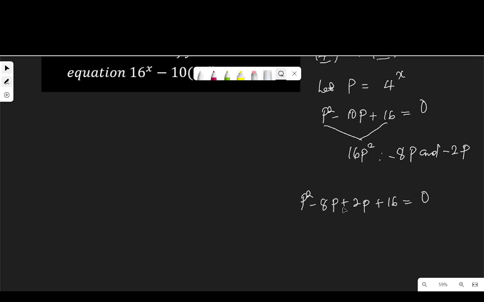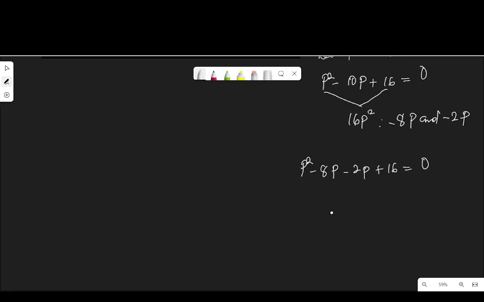This is supposed to be minus, not plus. Grouping these two by two, I'll have p squared minus 8p and minus 2p minus 16. The plus here changes to minus because I introduce a bracket. When I remove the bracket, minus times minus should give me the plus.